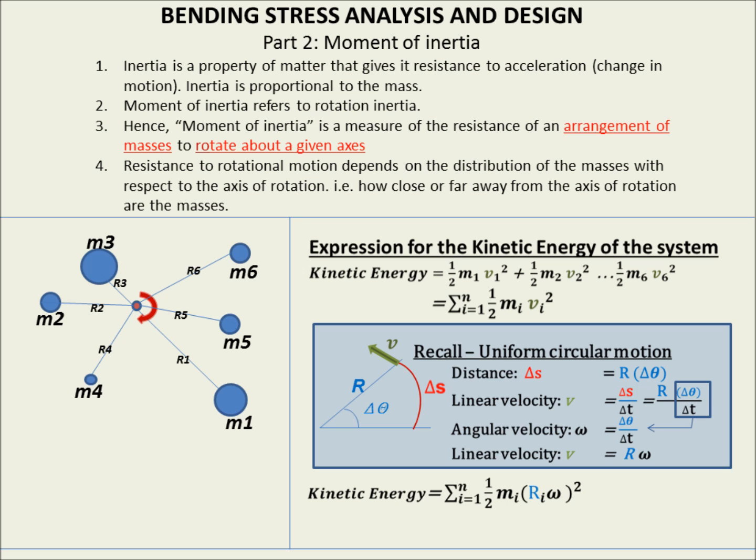So we can tidy up this expression further by putting the constants to one side. Okay, so half is a constant, we put it to one side. The angular velocity we know is a constant. For the arrangement of masses rotating about an axis, they all have a constant angular velocity.